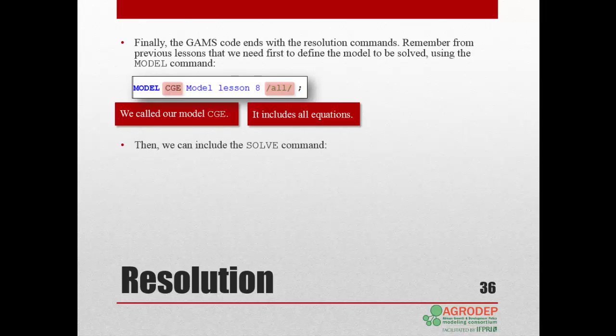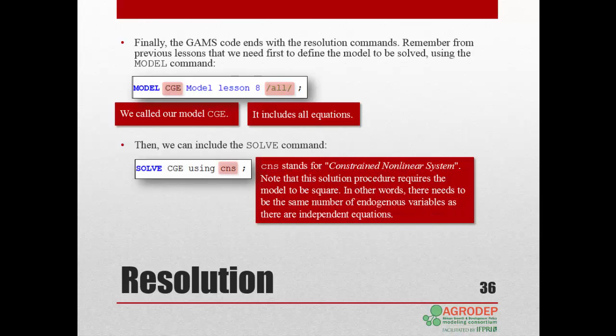Next, the solve command. We specify the solver CNS, which stands for Constrained Nonlinear System. Note that this solution procedure requires the model to be square. In other words, the number of endogenous variables must equal the number of independent equations.